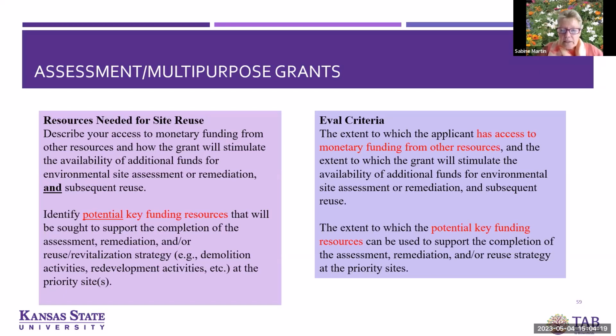So evaluation criteria: you will be evaluated on the extent to which you have access to other sources of funding to make your project work, and the extent to which the potential key funding resources can actually support the completion of the assessment, remediation, and or reuse strategy at the priority site.